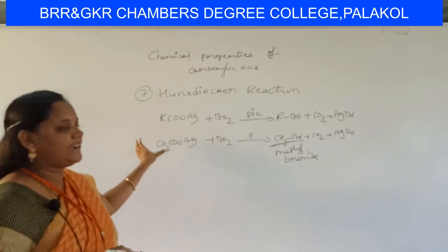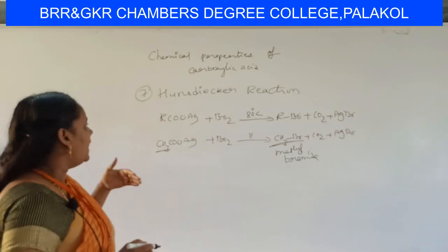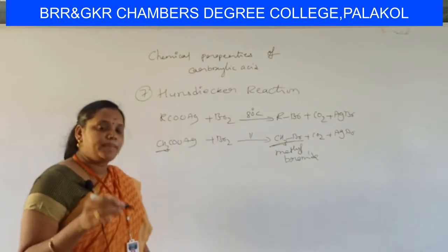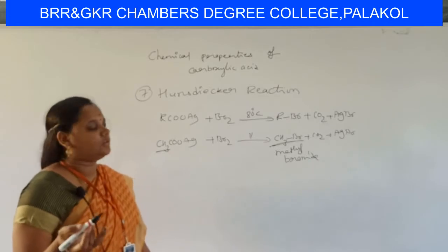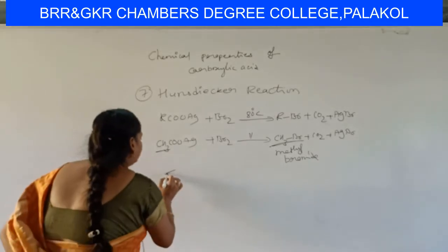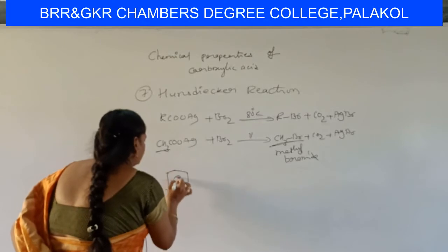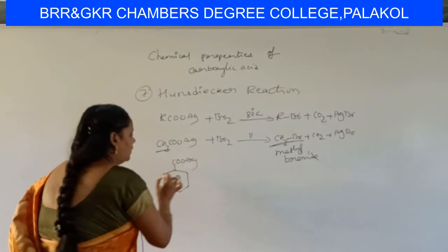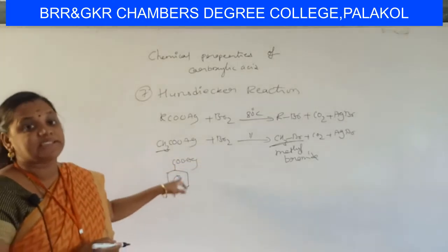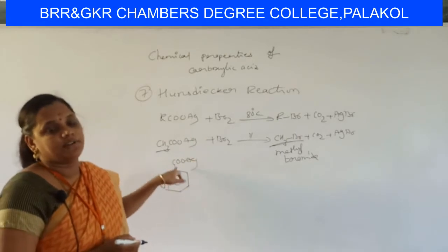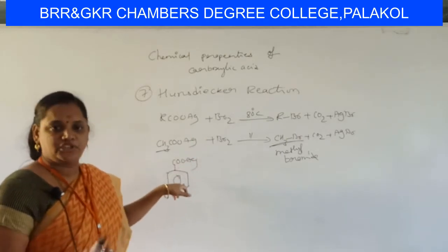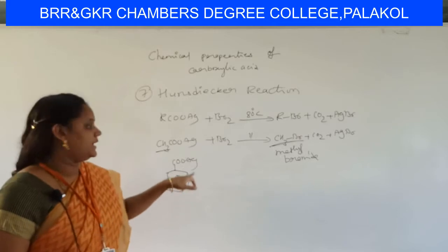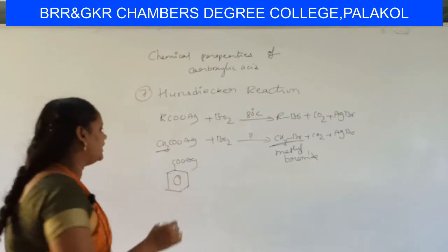Not only aliphatic carboxylic acids undergo this reaction, aromatic carboxylic acids also undergo this reaction. Let me write C6H5COOAg. What will be the name of this compound, students? With COOH it is benzoic acid, so the name will be silver salt of benzoic acid.